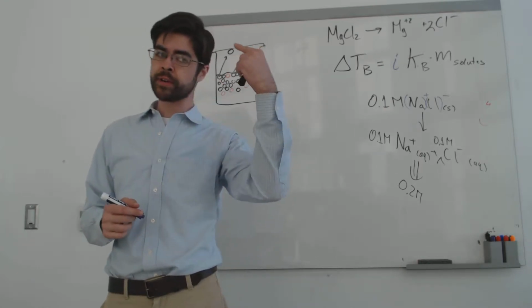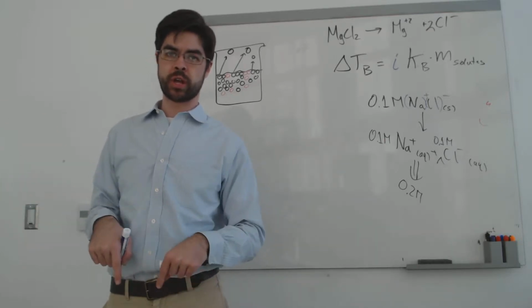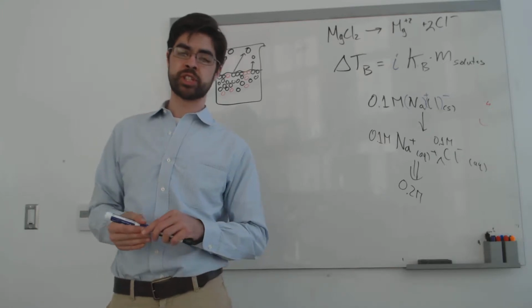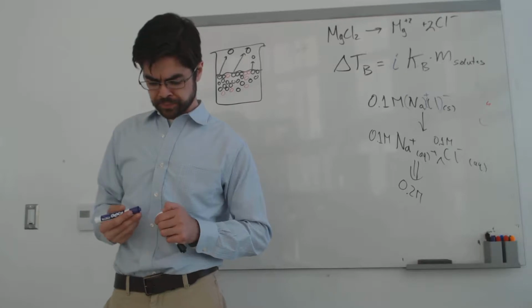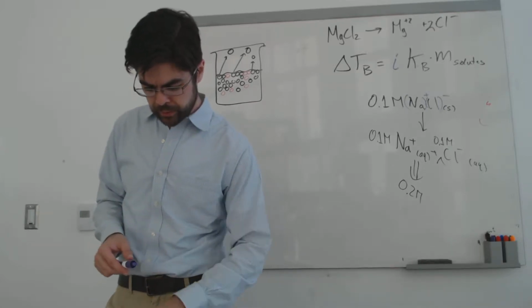Boiling points always increase, freezing points always decrease as you introduce solutes. So that's one way you can automatically know that the boiling point of a liquid will change. If you add solutes, its boiling point increases. What else here? How do you know?